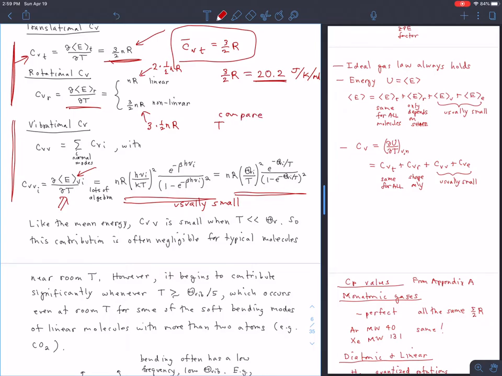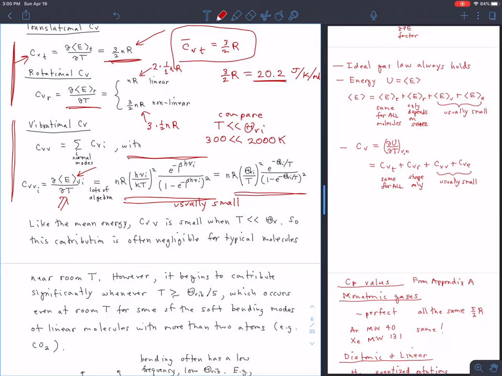So if you compare T to theta vibrational for each mode in the molecule, and if T is much smaller than that, and vibrational temperatures tend to be around thousands of degrees, let's say about 2,000 degrees is a typical one, so if you're at a temperature like 300 K that's much smaller than the vibrational temperature, and if that's true for every single mode in the molecule, then this vibrational contribution to both heat capacity and the internal energy will be small.